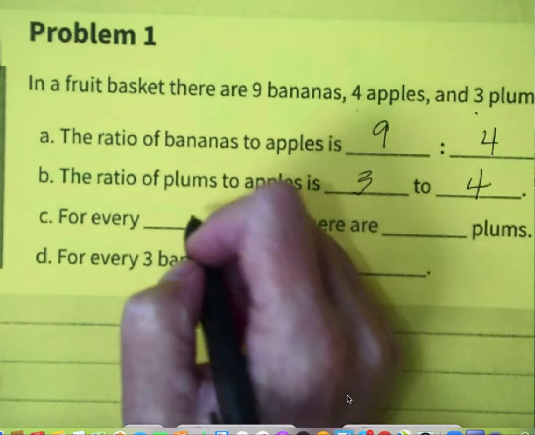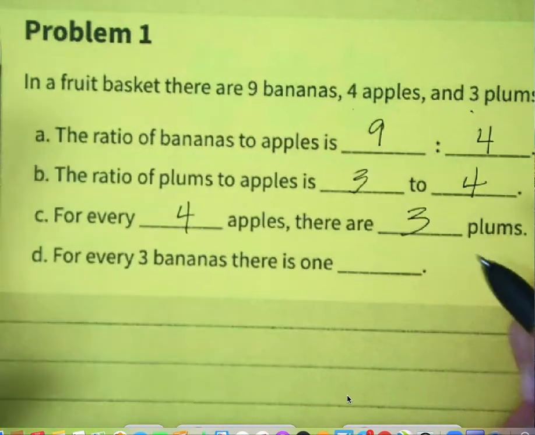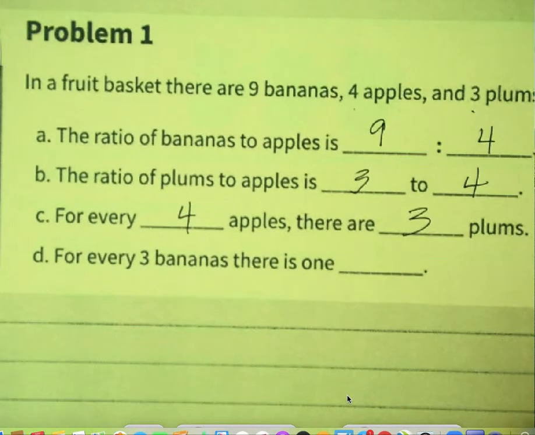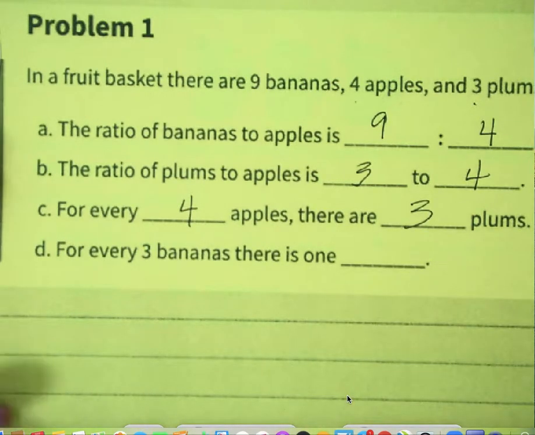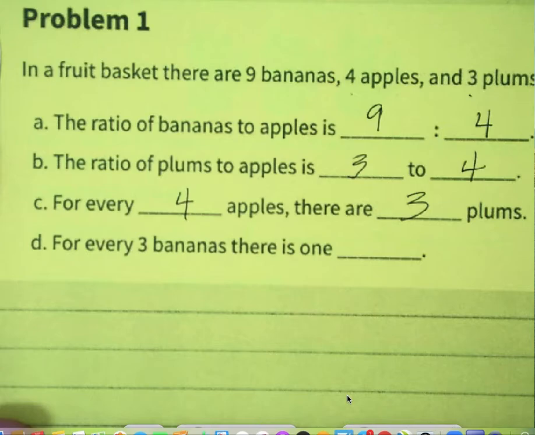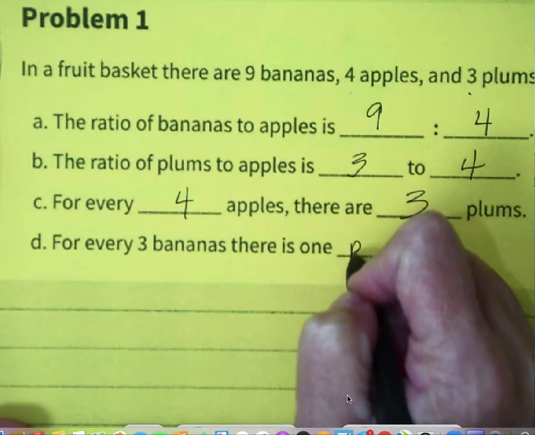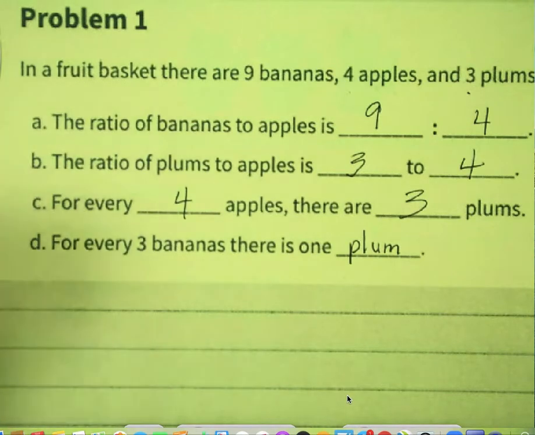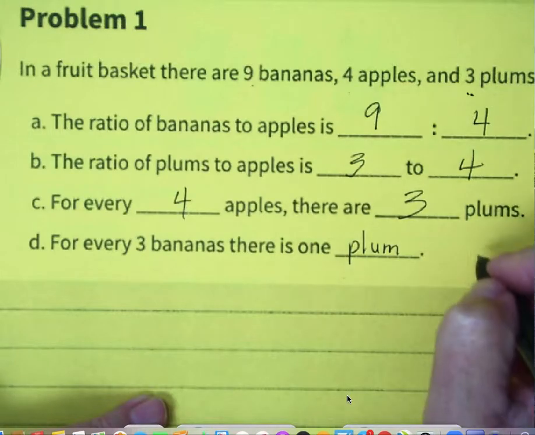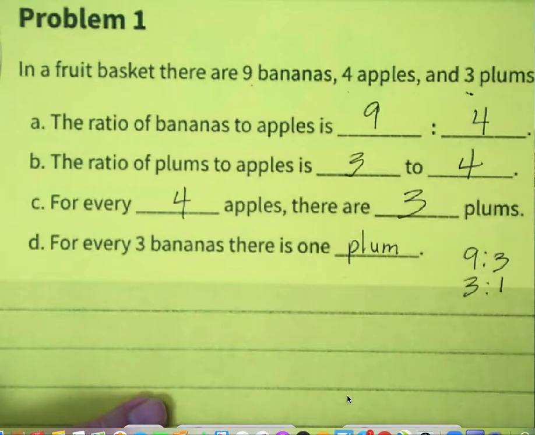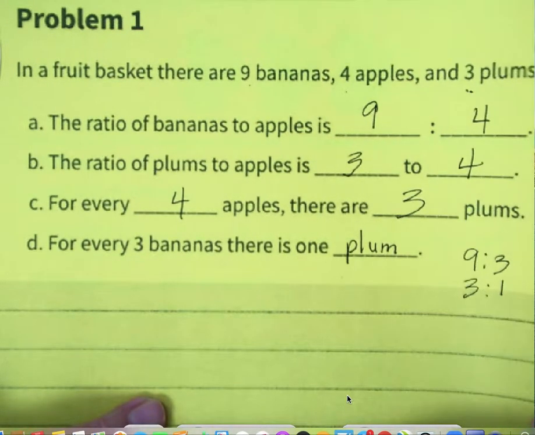For every 4 apples, there are 3 plums. Right? And for every 3 bananas, there is how many plums? 1 plum. Kind of gave that one away, didn't I? The ratio is 9 to 3. Can 9 to 3 be simplified? Yes, it can. They're both divisible by 3. So it can go to 3 to 1. Okay?